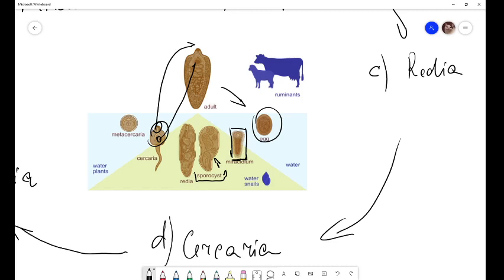We can take in with the water cercariae, a lot of cercariae, and get worm hepatitis.